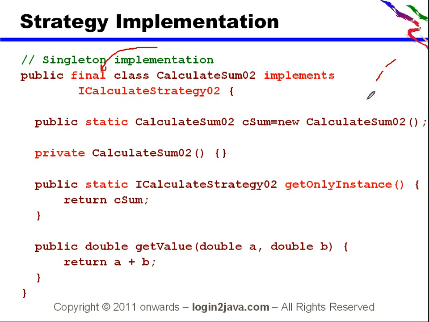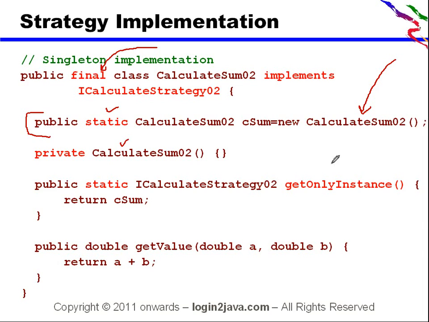Then we have taken the only object as a static reference within the class, and that object will be instantiated as soon as the class gets loaded into memory, because we have made it static. Then we have made the constructor private so that outside the class the instance cannot be created at all.